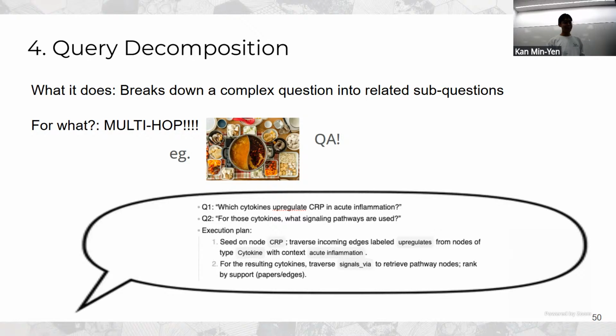So for the given example, we break it down to something simple, kind of a one-step node and relation process. Plus, it gives you an execution plan based on what your graph looks like.